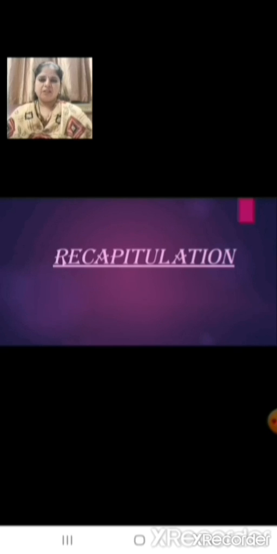Now, let us recap what we have learned today in this lesson. We learned about 2 types of motions of the earth, that is rotation and revolution. Rotation is the movement of the earth on its axis, and the axis of the earth, which is an imaginary line, makes an angle of 66.5 degrees with its orbital plane.